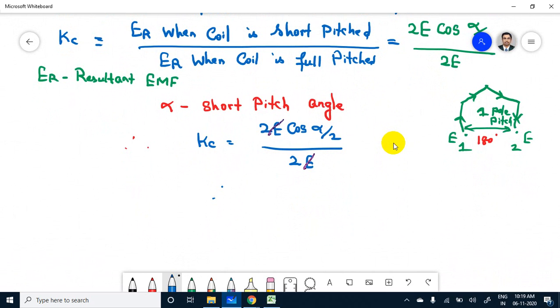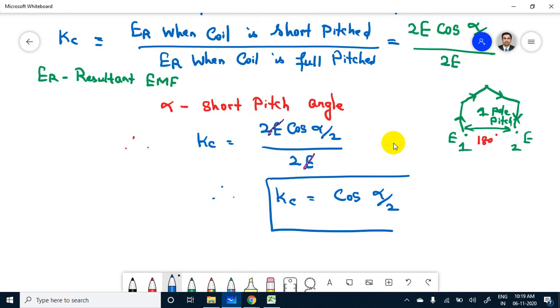Therefore we'll get Kc equal to cos alpha by 2. This is the Kc equation. Okay, what is Kc? It is the pitch factor or coil span factor.